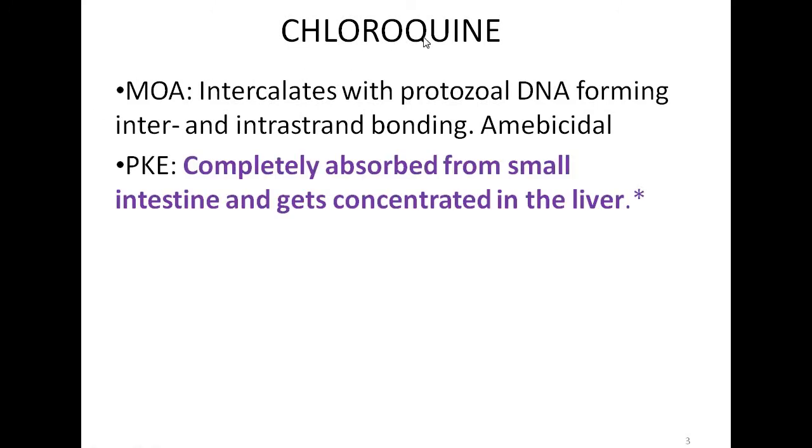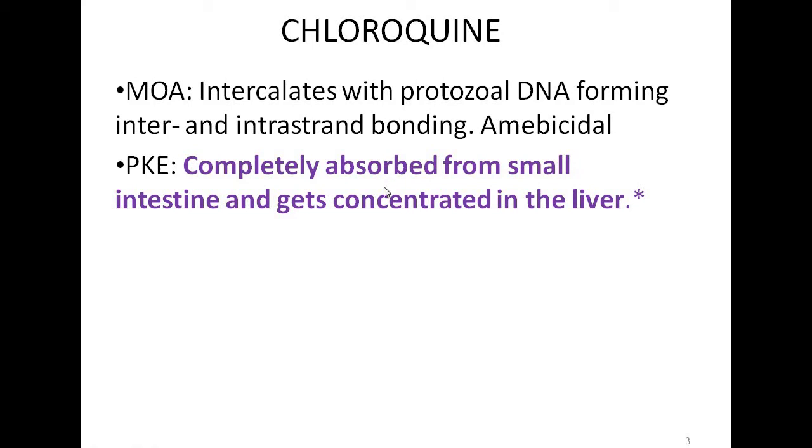The pharmacokinetics of chloroquine as an amebicidal drug is important. It gets completely absorbed from the small intestine and gets concentrated in the liver. There is hardly any chloroquine reaching the large intestine, which is the site of the intestinal amebiasis.